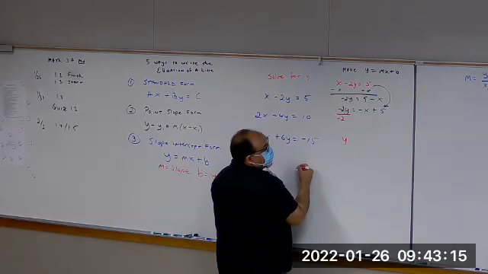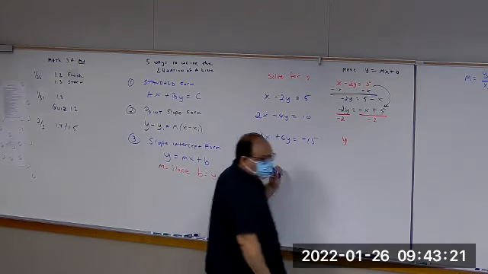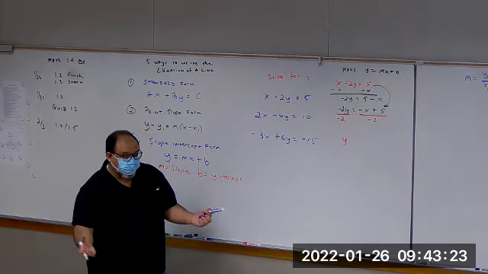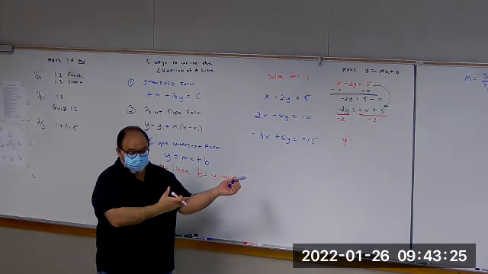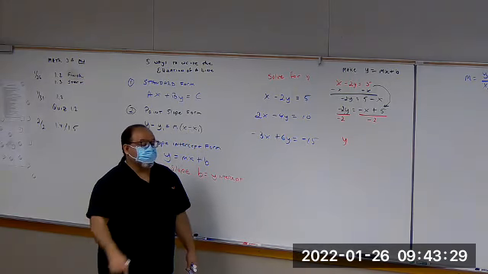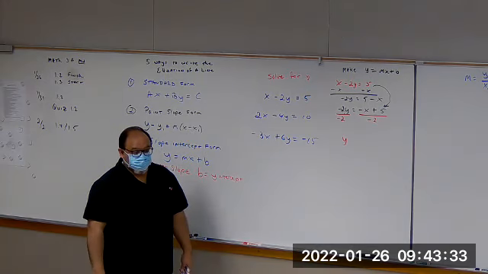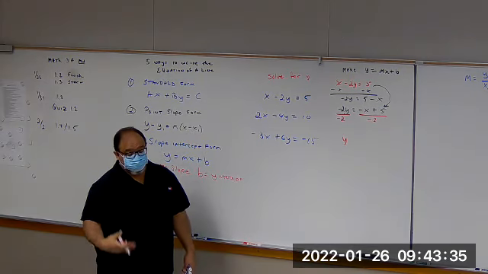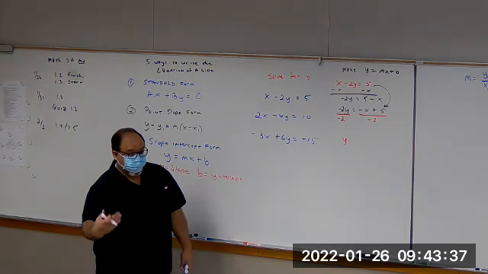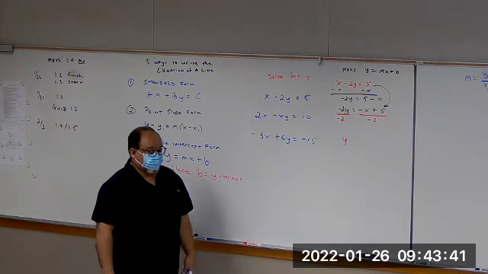This is the big mistake people make. They divide the whole thing by -2. That's not a mistake. That is absolutely correct. But the next move they make is usually a mistake. They can't simplify what they just did. They don't do it correctly. They don't put the pieces up, or they don't show the work that justifies it.